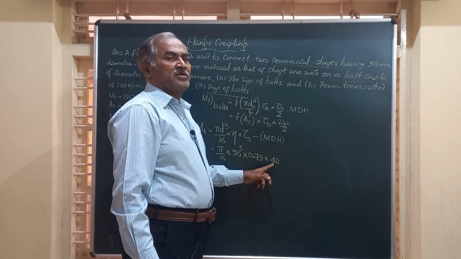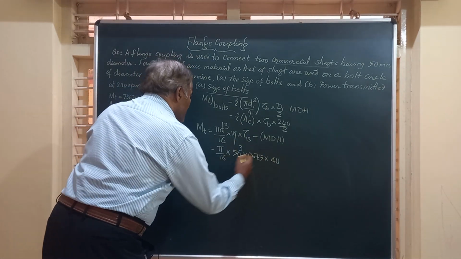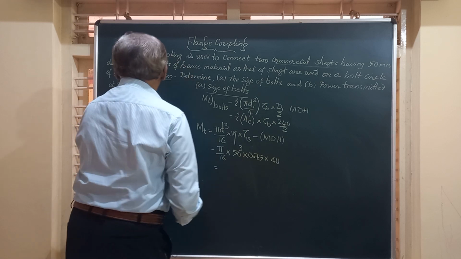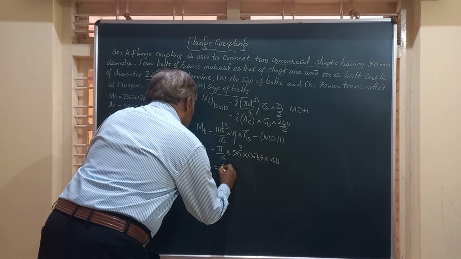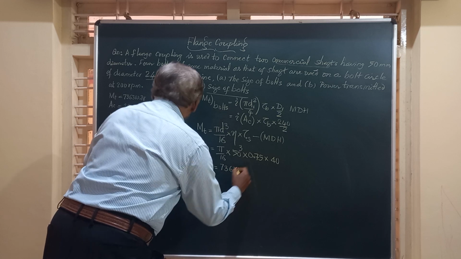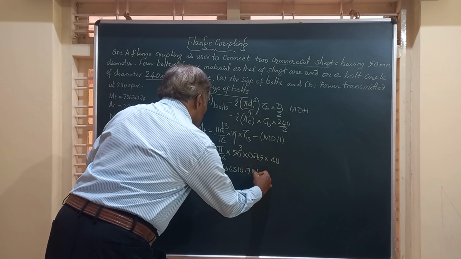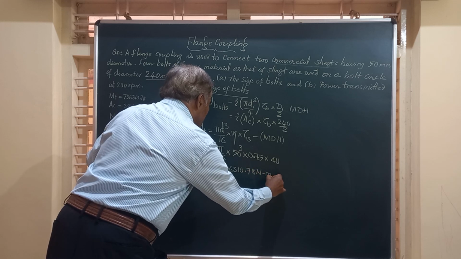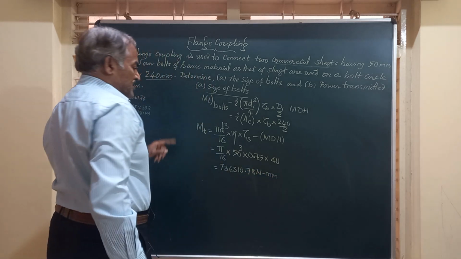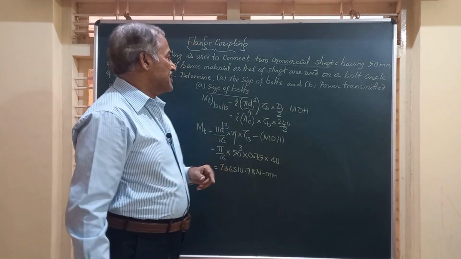Friends, you put this value, we know everything on the right hand side and we get a value of 736310.78 Newton millimeter. This is the value of the torque that has to be transmitted by the coupling.